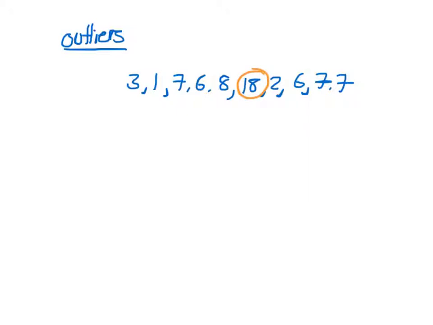Because it's not close to any of the other data values. This 18 is called an outlier because it lies outside the normal range of values. Sometimes these values are accurately measured and they're just rare occurrences, and they have to be included in our statistical analysis. However, other times we might recognize that the methods we used to measure these data values were incorrect, or there was an error, and we can disregard them. But we have to take that on a case-by-case basis.